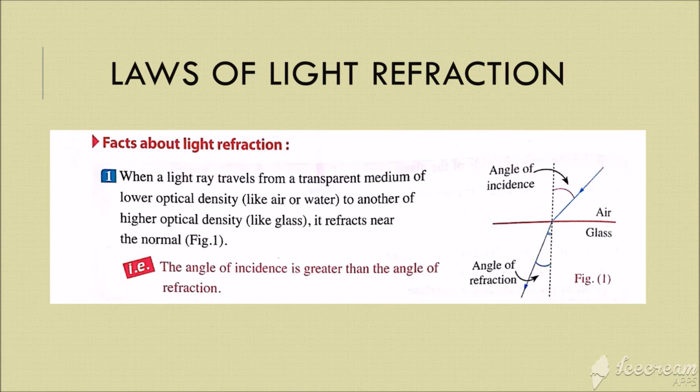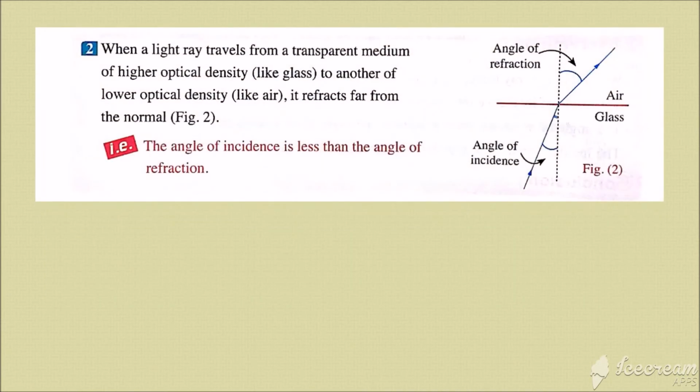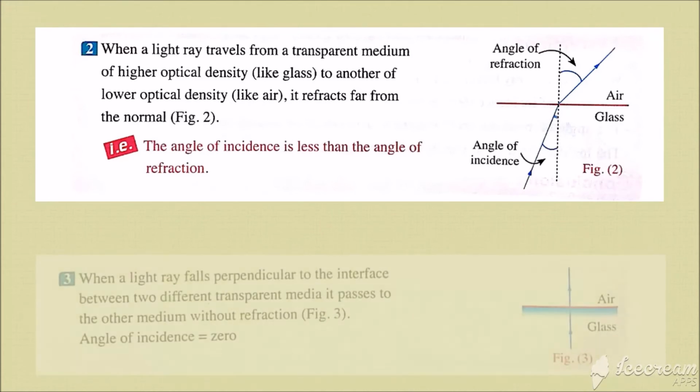So the angle of incidence is greater than the angle of refraction. Number 2, when a light ray travels from a transparent medium of higher optical density like glass to another of lower optical density like air, it refracts far from the normal, like figure 2. So the angle of incidence is less than the angle of refraction.